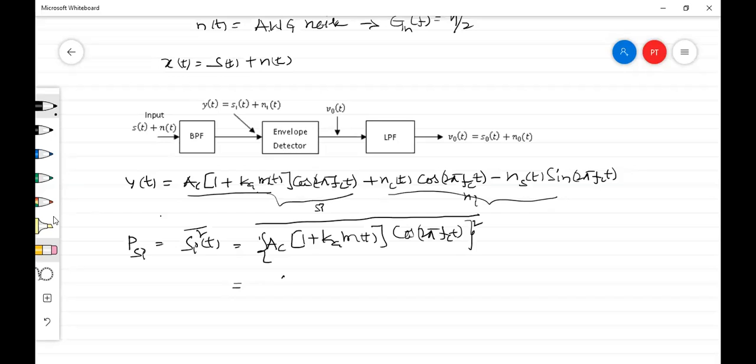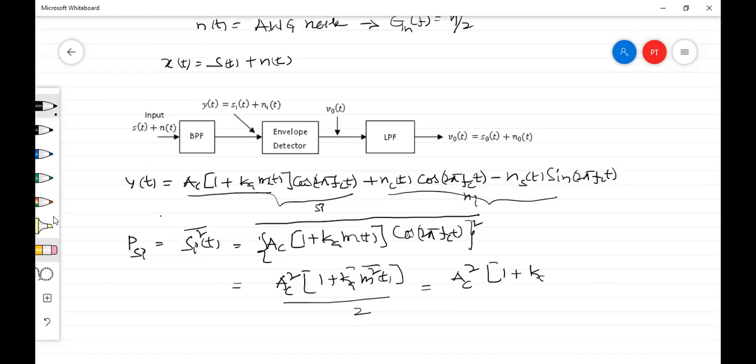So simply we can write it as Ac square into 1 plus Ka square m square of t mean divided by 2, and in simple form Ac square into 1 plus Ka square into P sub M, that means power of the modulating or message signal, divided by 2. So you have to remember this, how to get it.